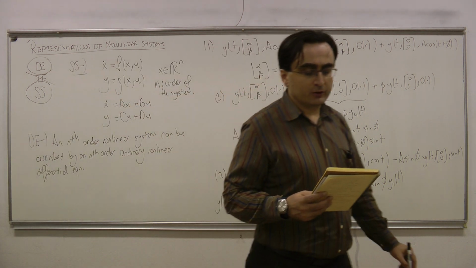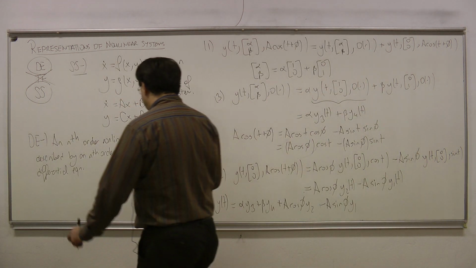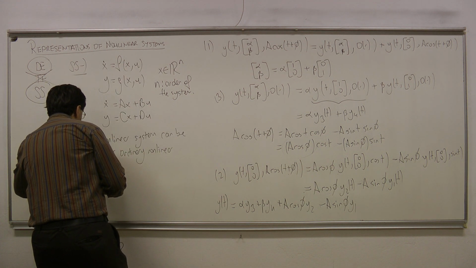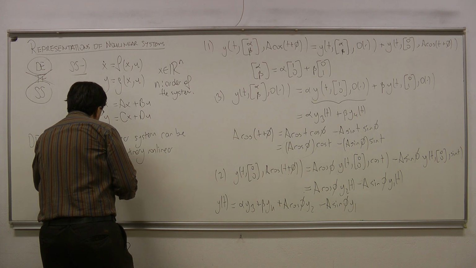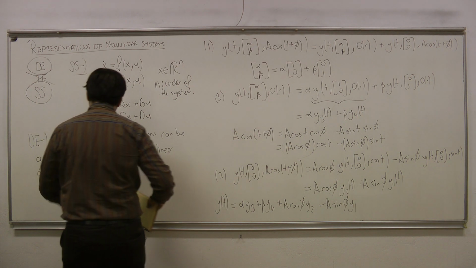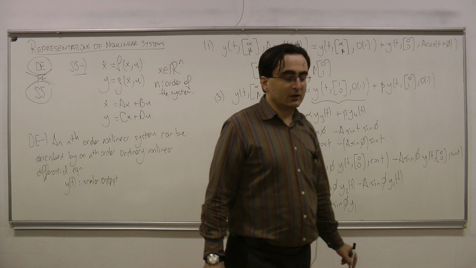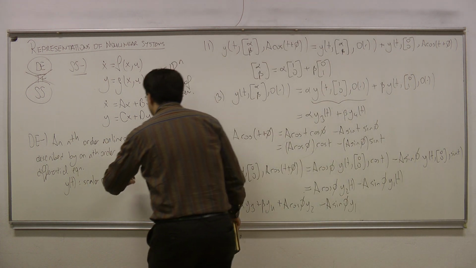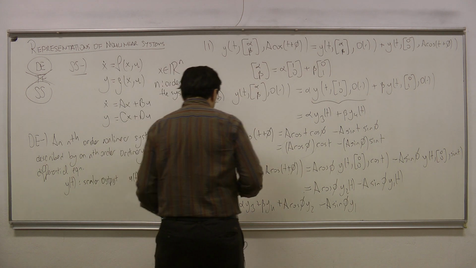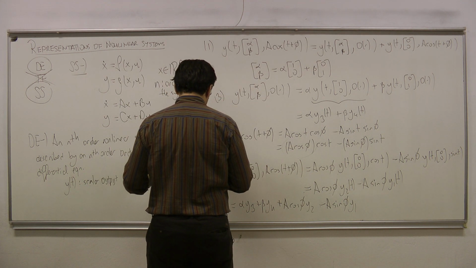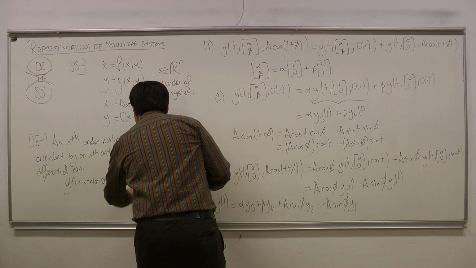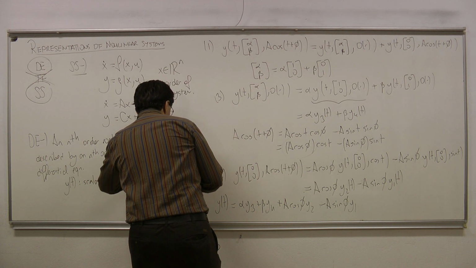In order to be able to write that representation, I'm going to define the following. Let us say that y of t is a scalar output. So we are going to be mainly concerned with SISO systems here, single input, single output systems. So y of t and u of t are scalars for our purposes. u of t is the scalar input.